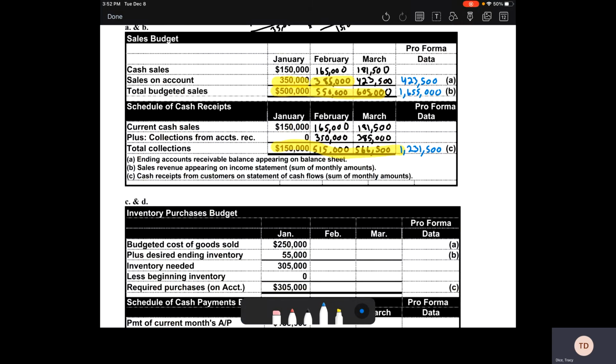So for February, if we sell 550,000, take that times 50% or 0.5, we find out that our February cost of goods sold is going to be 275,000. And then for March, half of 605,000 is going to be 302,500.